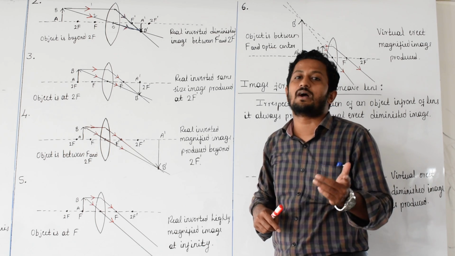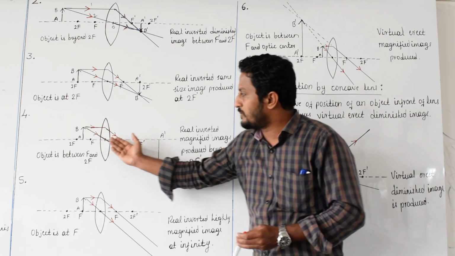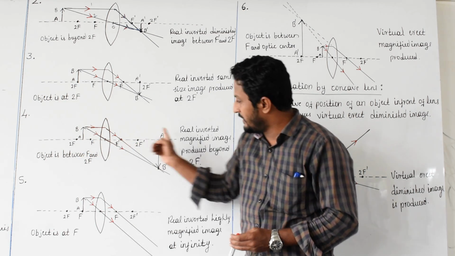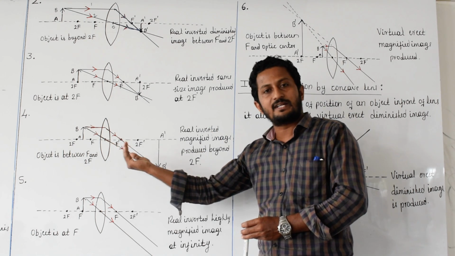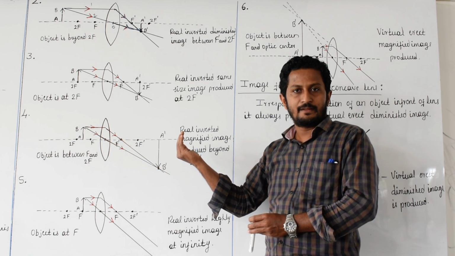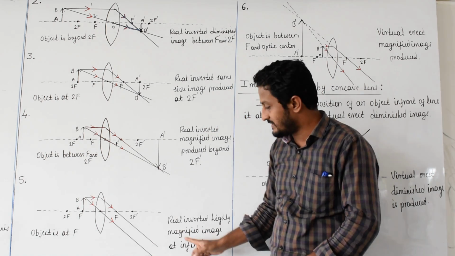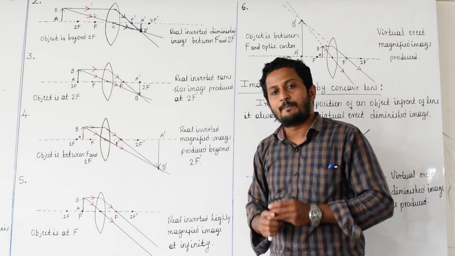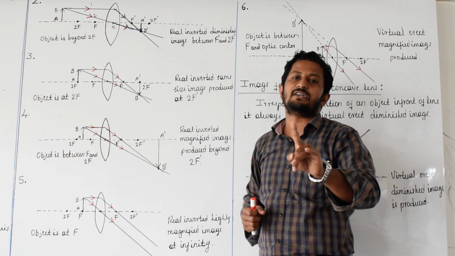Why are we saying this? According to previous analysis, when the object was behind F, the image was real, inverted, magnified, and as the object is approaching, the image is going to enlarge. That's why we say here a real, inverted, highly magnified image is going to be produced at infinity.